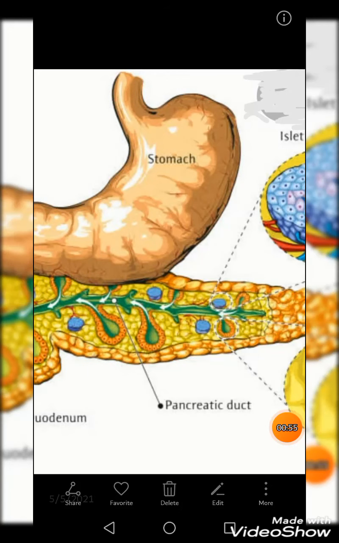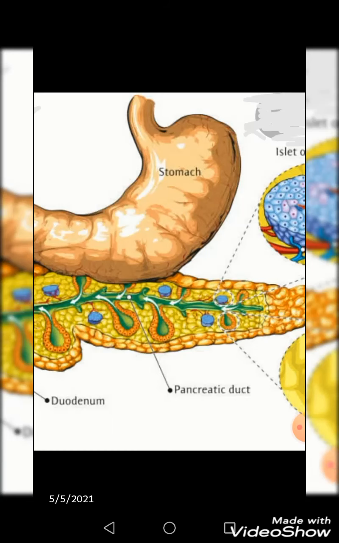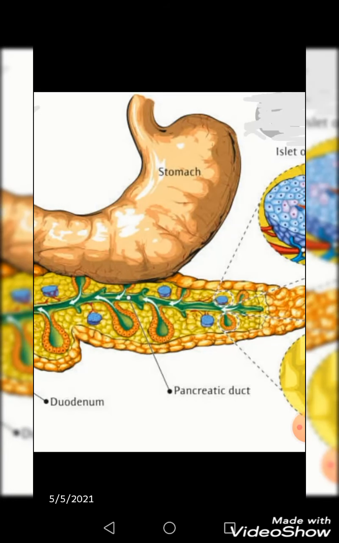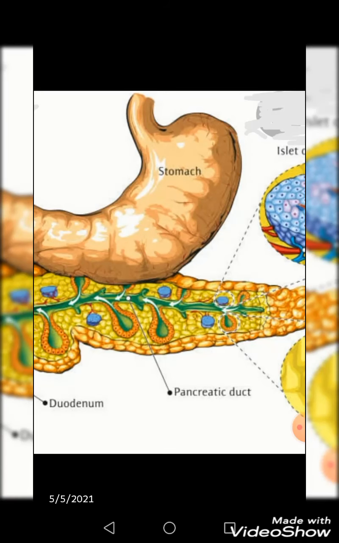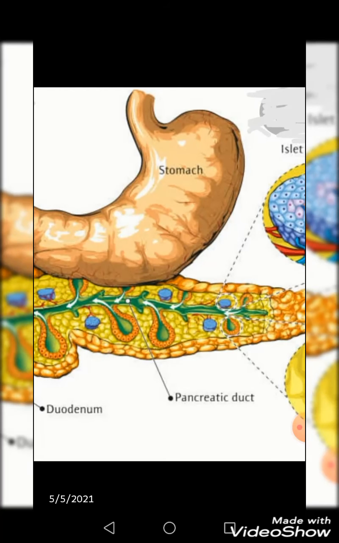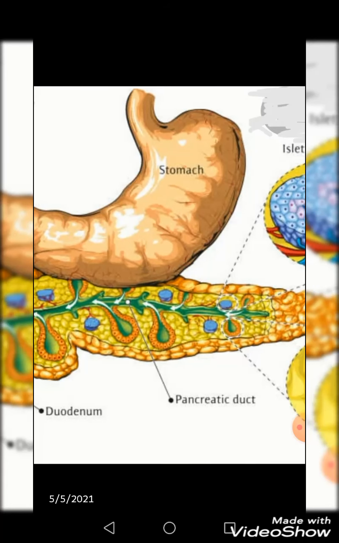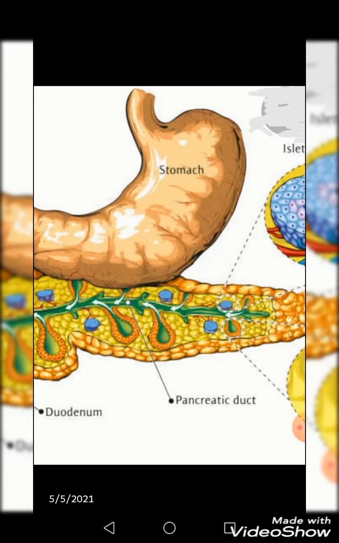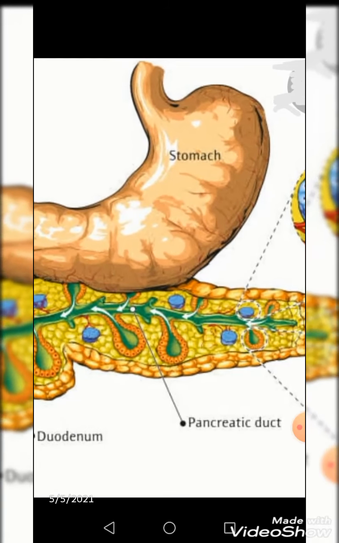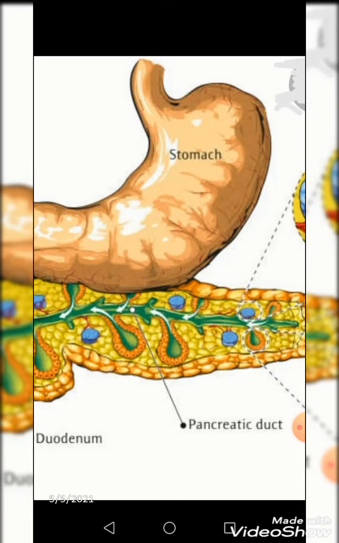Now we have to talk about the epithelium they carry. The intercalated duct is lined with low cuboidal epithelial cells, right? They join to form intralobular ducts, which are lined with low columnar epithelium, as you expect in the intralobular and interlobular ducts, right? And when they merge to form the main pancreatic duct, the epithelium is now stratified columnar in nature.